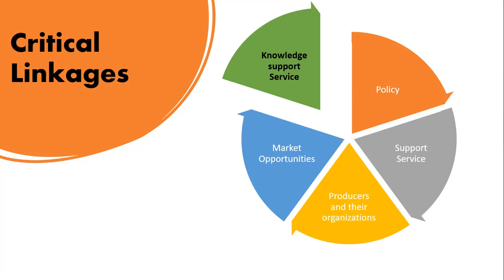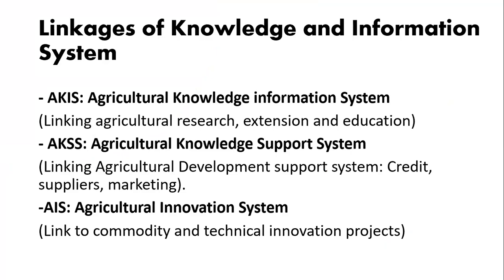Even if we go for market-led extension, what is the policy, what are the support services, what are the producers and other organizations doing, what are the marketing opportunities, and what is the role of support services. All these people should be on one platform and take a decision on the particular area they want to develop. So we have to keep this in mind.